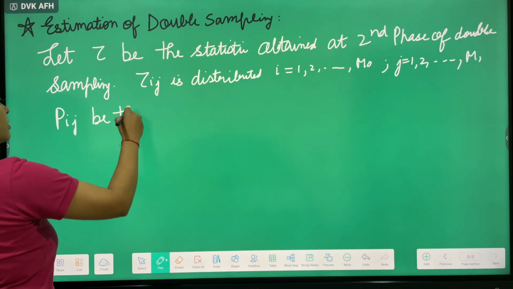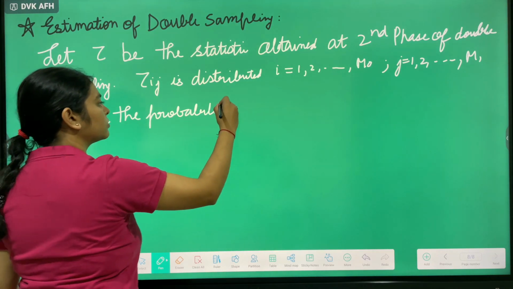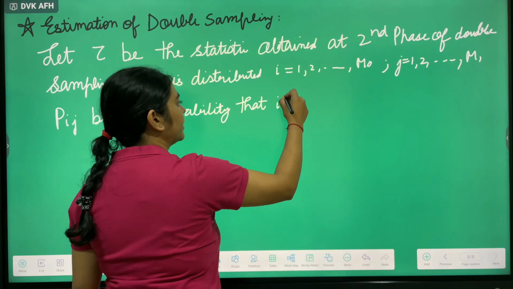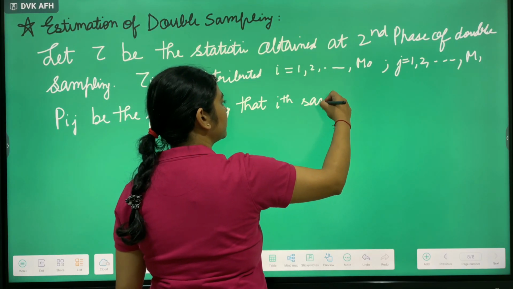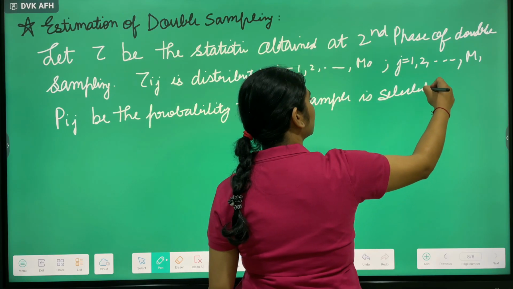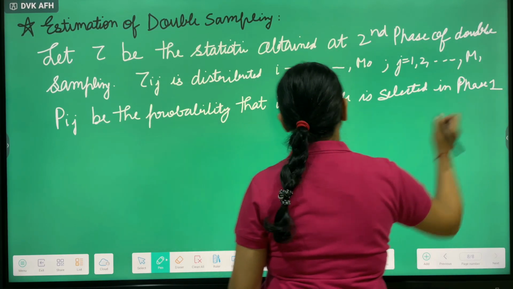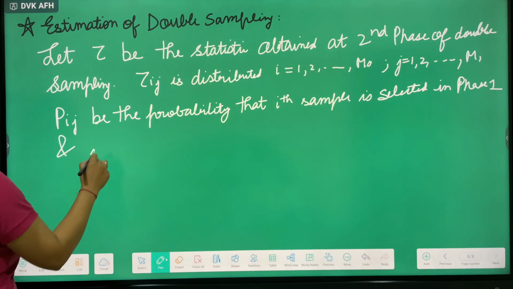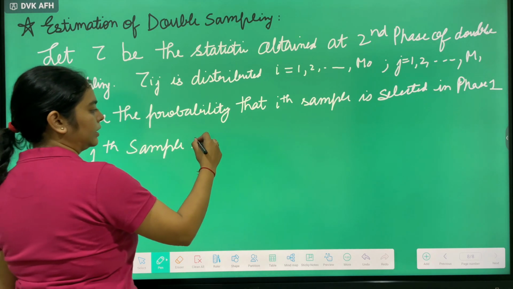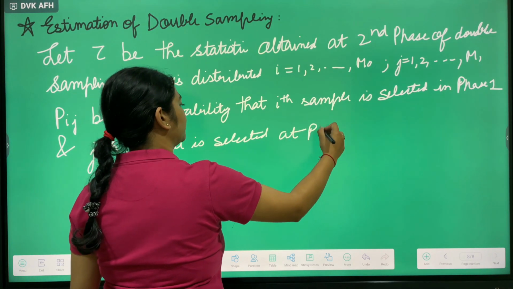let Pij be the probability that the ith sample is selected in phase 1 and the jth sample is selected at phase 2.